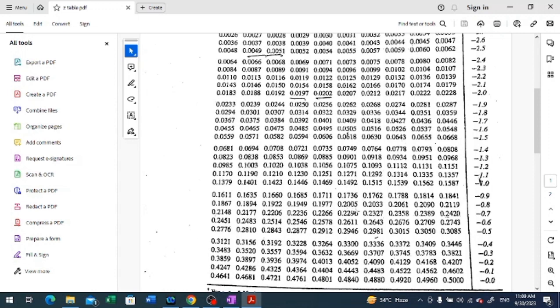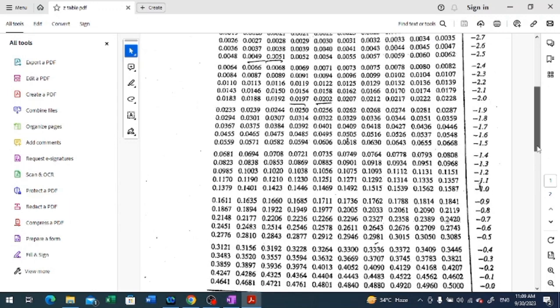So 0.2005 is this one. The neighbor value, 0.1977, is relatively more away from the target value of 0.2 probability as compared to 0.2005. So 0.2005 is much closer. So we need to read out the destination. You can consider the row as a street number, and the column as a house number.